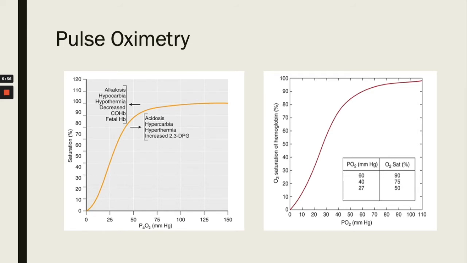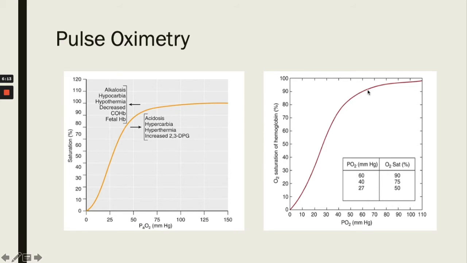And so also remember, when we are reaching this flat portion of the curve up here, our PO2 can actually fall from 100 to about 60, and still our O2 sat will remain 90%.